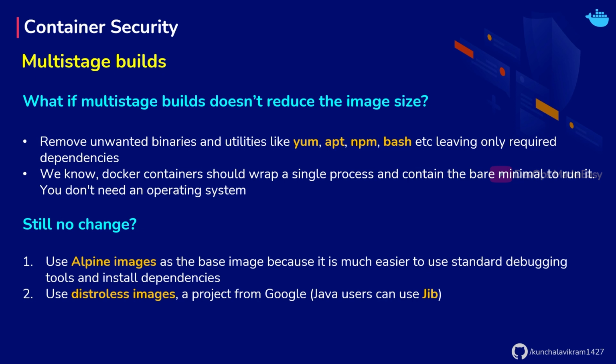We can try to have one PID, which is PID 1, and that PID 1 should belong to the main application process. But still, if we don't see any change in the final Docker image, or if it is still packing container vulnerabilities, we can use Alpine images as the base image because Alpine images are very small in size and they have very small system utilities and dependencies packed in.